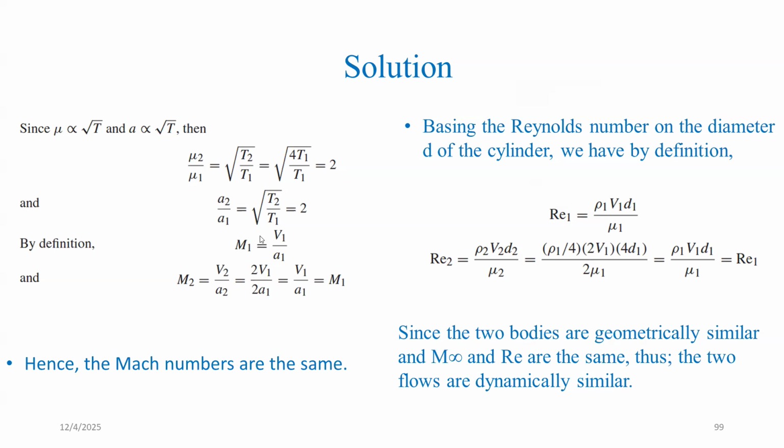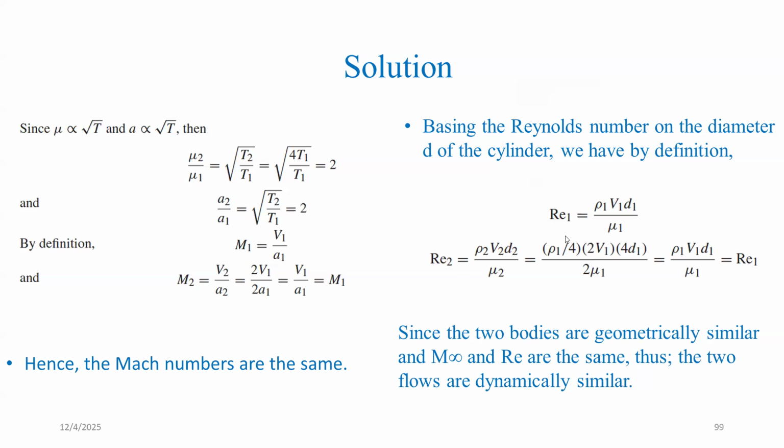Sonic velocity a2 over sonic velocity a1 also gives us 2. Mach 1 is velocity V1 over sonic velocity a1. So Mach 2 is equal to Mach 1. Obviously, it comes out like that: V2 over a2, which is 2 times V1 over 2 times a1, gives that the Mach numbers are similar. So the flow is now a similar flow.